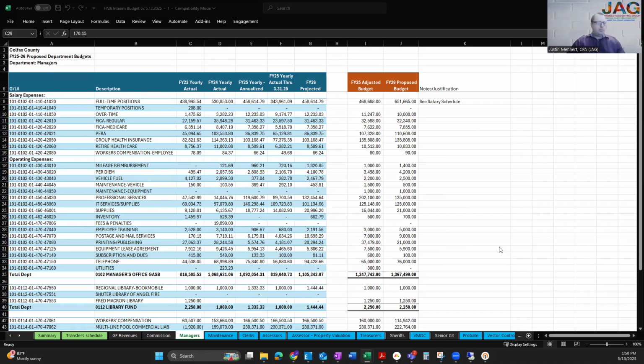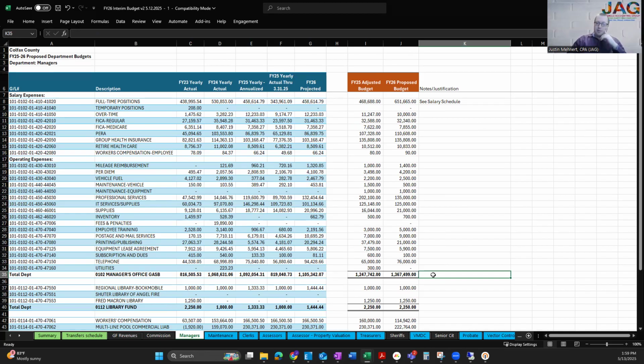One other note is I did reduce attorney expense from FY25 to FY26 since that's been moved in-house. I budgeted $50,000 just to allow for, potentially, if there were other matters that come up where a third-party attorney is needed.